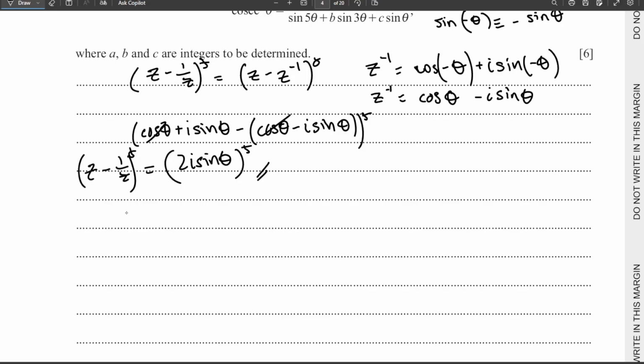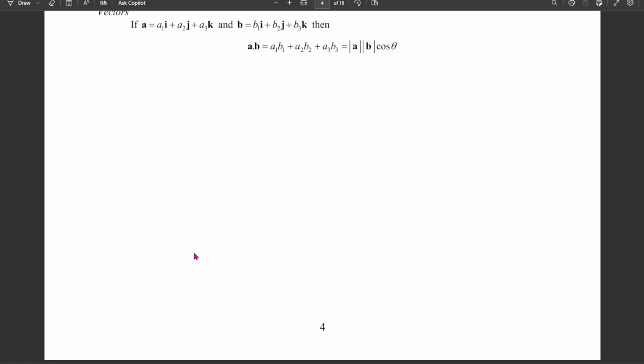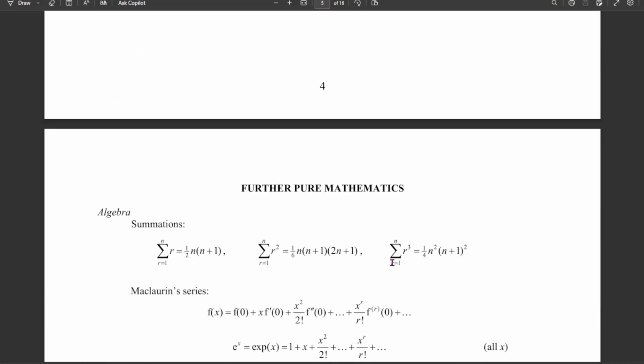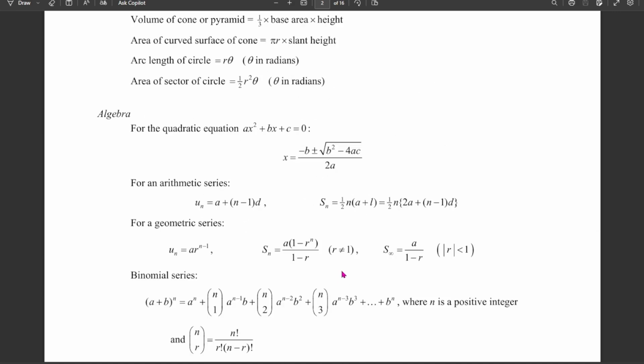The z minus 1 over z, or maybe I'll straight away write it as z to the power -1. I think by now you have no issue using the binomial expansion at further maths level, but even so, I'm not sure whether it is in the formula sheet.